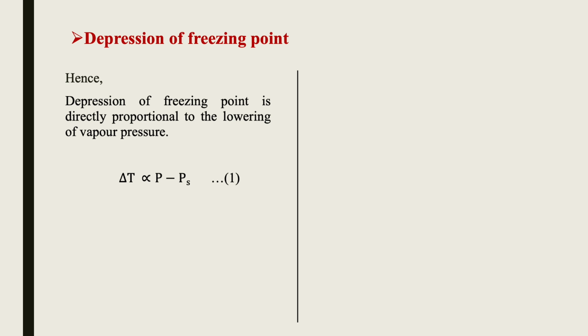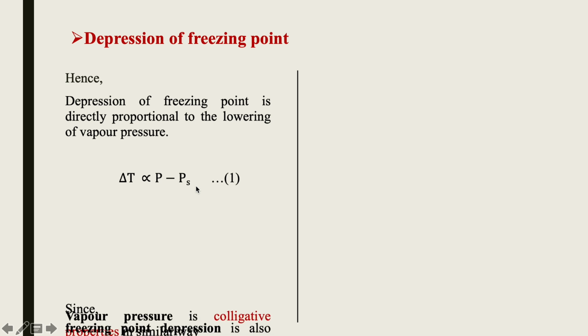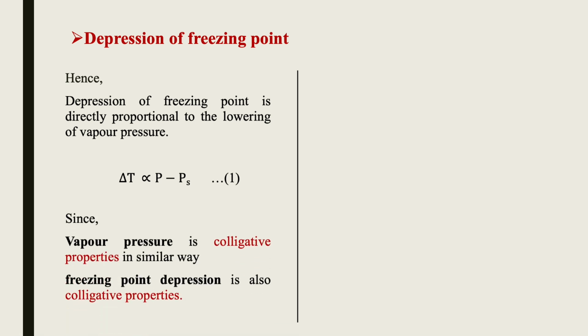Hence, depression of freezing point is directly proportional to the lowering of vapor pressure. So from that, delta T is directly proportional to P minus PS, that is the lowering of vapor pressure due to salt. So this equation 1 says everything about the depression of freezing point.